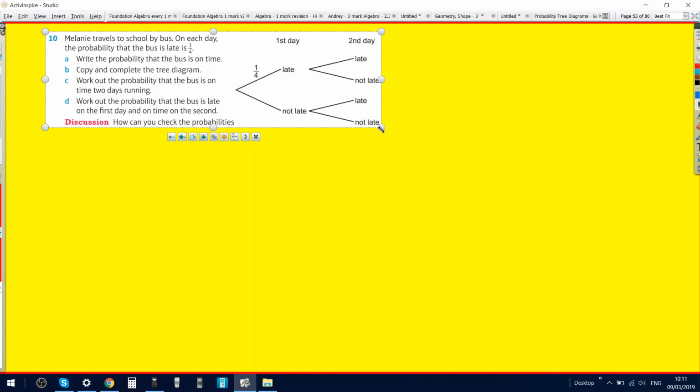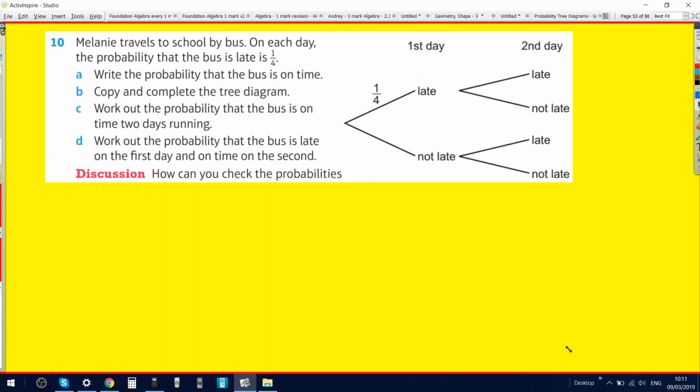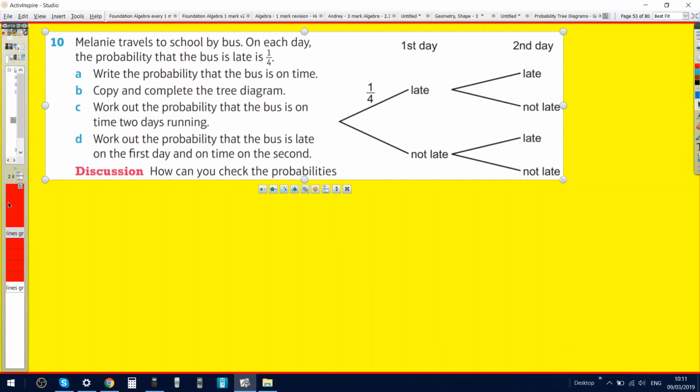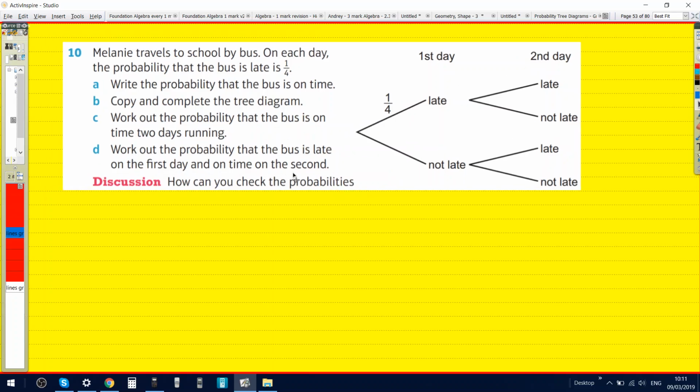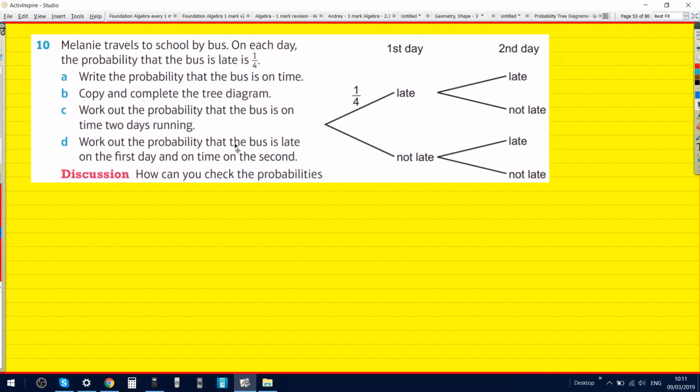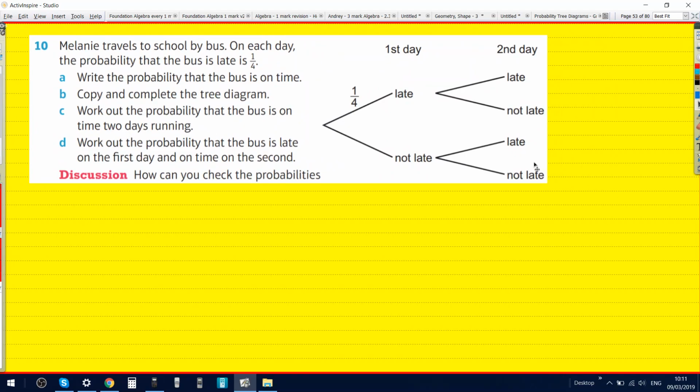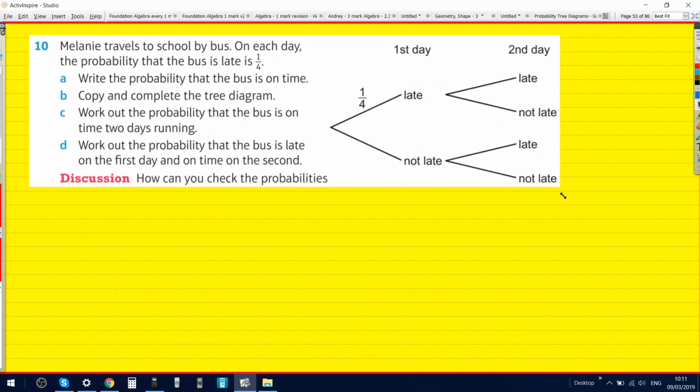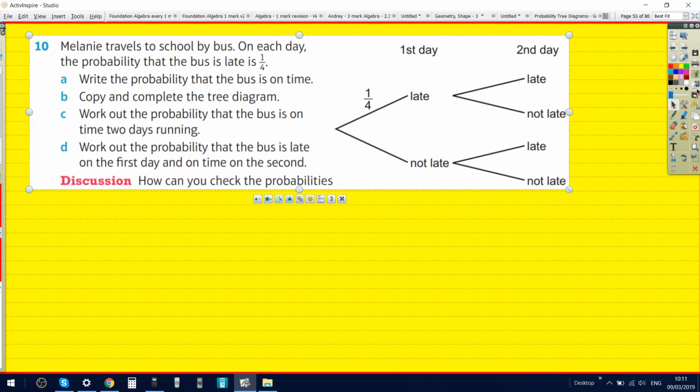All right, how about this one? So would the probability of the bus being on time be 3/4? Yeah. And then for it being not late, but on the second day it'd be late and not late. Would one of them be 1/4 and 2/4?